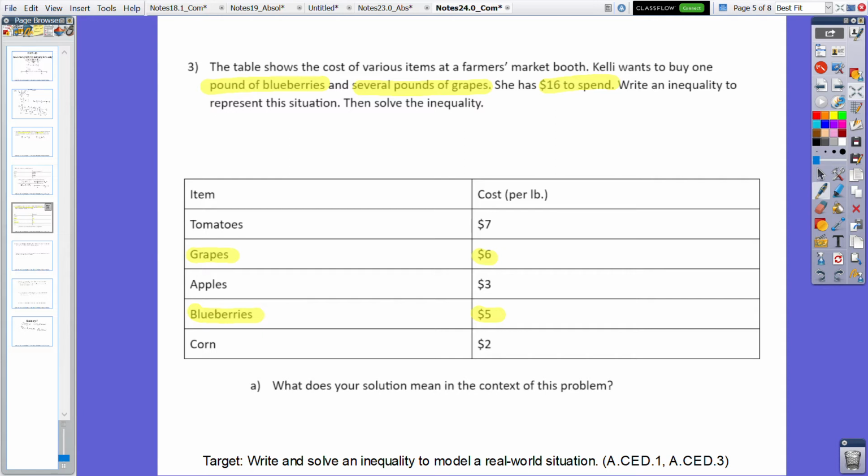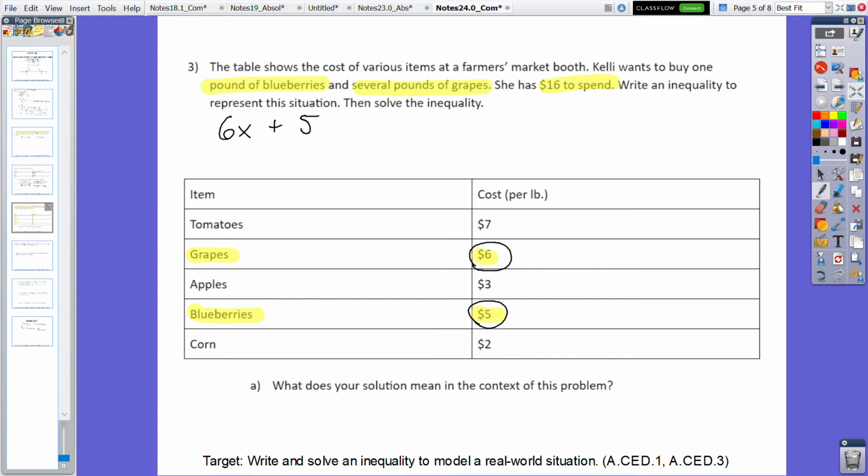She's spending money on grapes and blueberries. So the amount she spends on grapes has to be the cost per pound of grapes, so let's say 6x, because we don't know how many pounds she's going to be able to buy. And she only buys 1 pound of blueberries, so that's easy. We just add 5 to that.